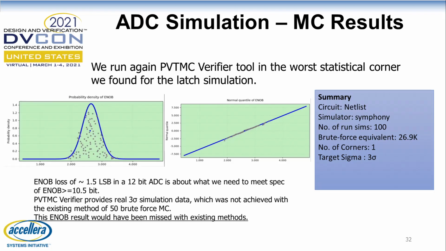This ENOB result would have been significantly less reliable with our previous approach. Just consider this simple calculation. If we run 100 brute force Monte Carlo simulations, we have roughly a chance of 1 in 10 to get a single 3 sigma result within our 100 runs.